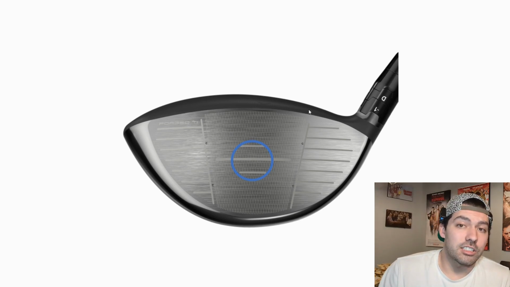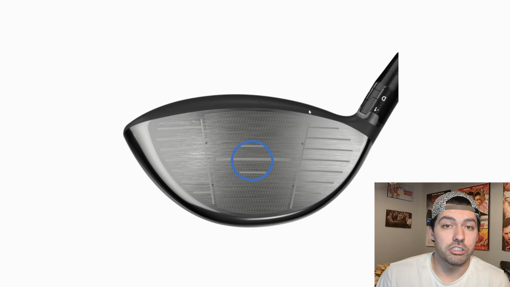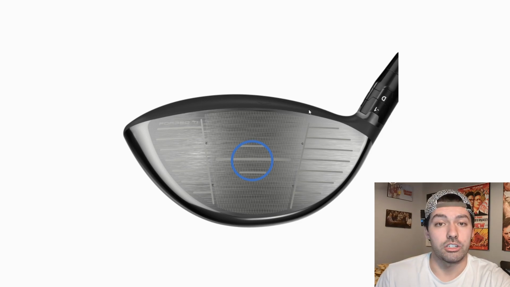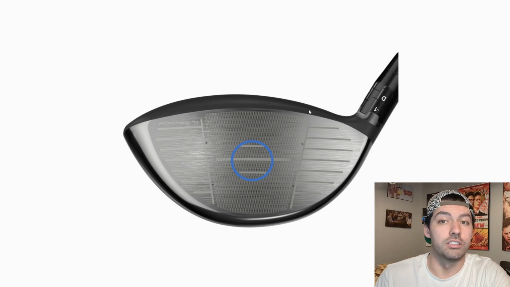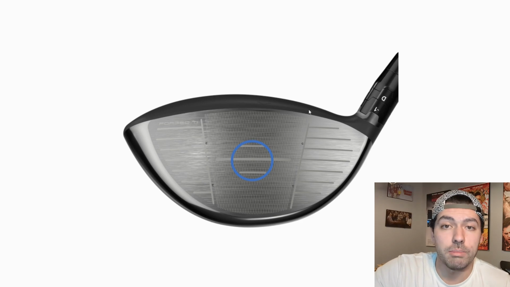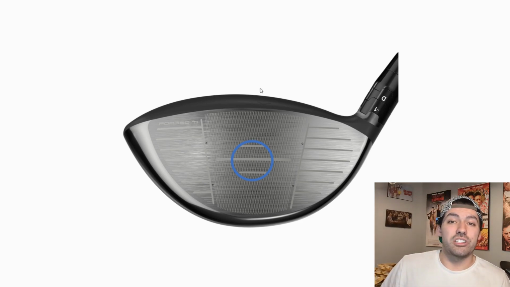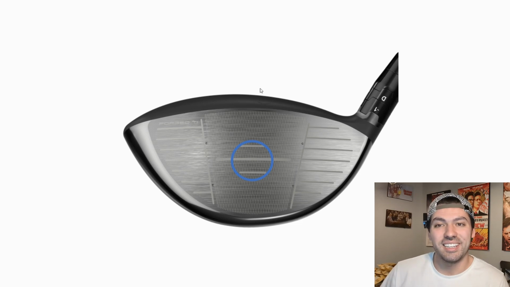Anything outside of that circle is going to greatly diminish your ball speed, which means you greatly diminish your smash factor. The worst possible ball speed on a club face is going to be your low heel side, which results in the lowest smash factor as well. So that's kind of an idea and definition of what smash factor is. I mean, it's pretty simple on how to get a higher smash factor. You just have to hit better golf shots. Easier said than done, though, right? So that's what smash factor is.